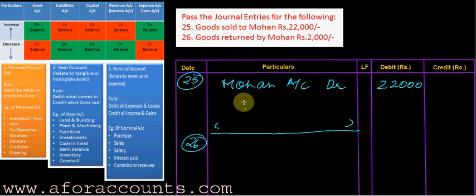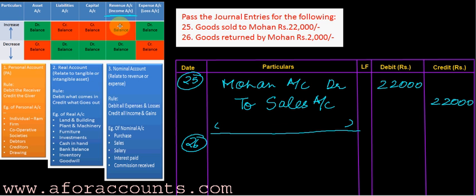I will credit sales because when a sale is generated, it has to be always credited. Mohan account debit 22,000 to sales account. See, sales is generating revenue, and when revenue increases, the account has to be credited.